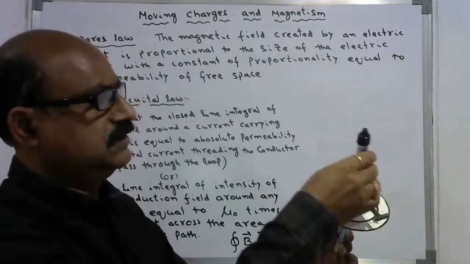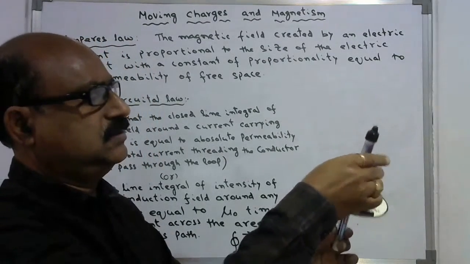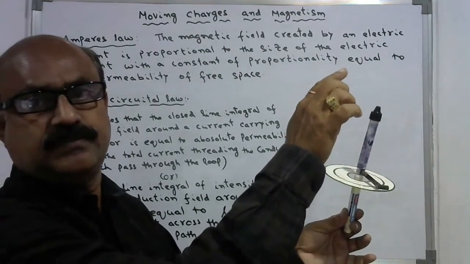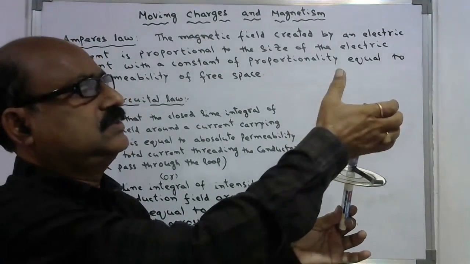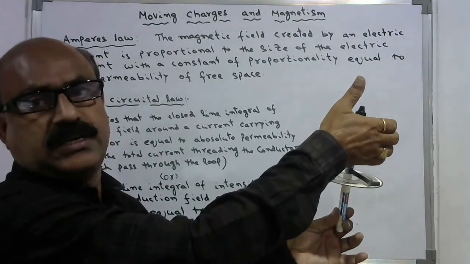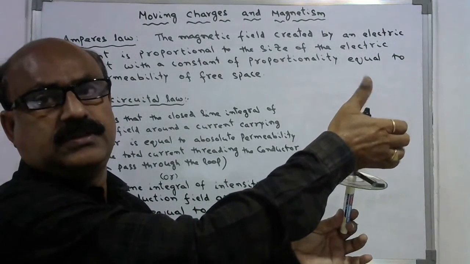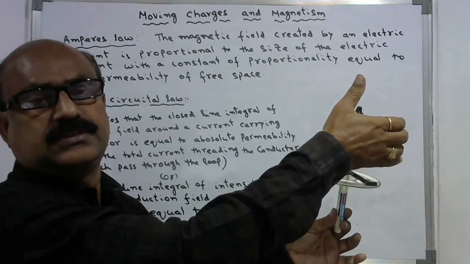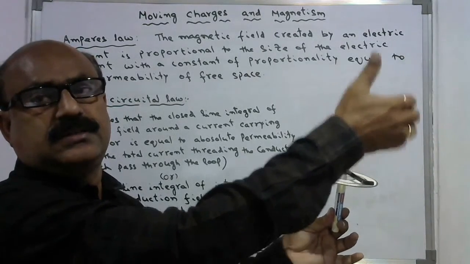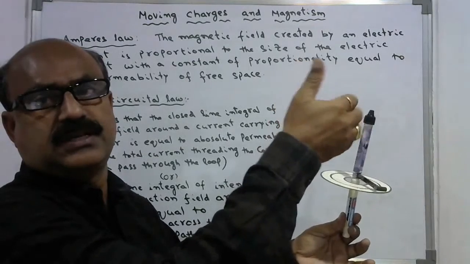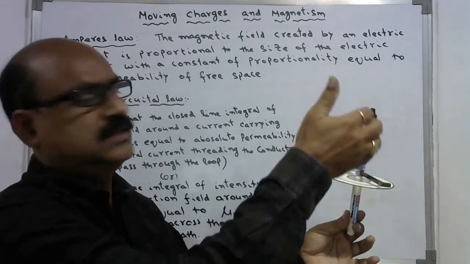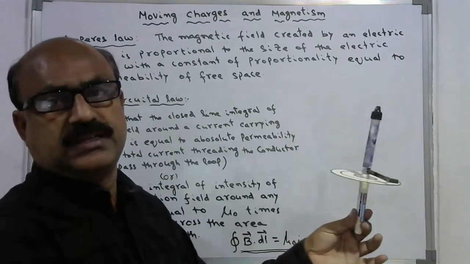I'll just write it down here. Imagine the current is passing this way, and using the right hand thumb rule, when the thumb indicates the direction of current, then the rest of the fingers curled, the direction of the curling gives the direction of magnetic field.